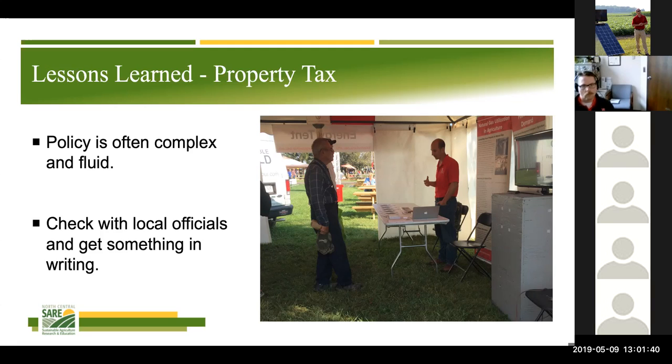So the takeaway, the lesson learned there, I think is twofold. Number one, policy is often complex. So just because you read a headline that, hey, there's an exemption, or it's not qualifying for this, you need to really understand the policy. And then also it's fluid.